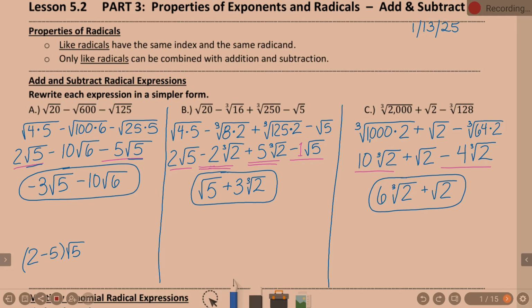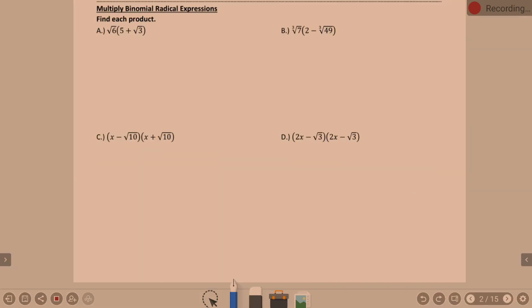So in this bottom section, it's talking about multiplying binomial radical expressions. A binomial being an expression that has bi being 2, like a bicycle has 2 wheels. Binomial has 2 terms, okay? So multiplying things that have 2 terms. And you'll see on each of these examples there are 2 terms involved.